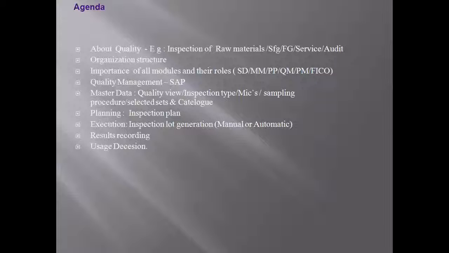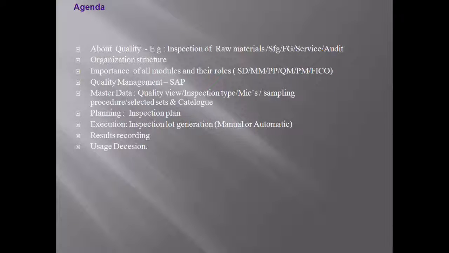So inspection can happen for raw materials which are incoming, SFG which are in process, FG which are finished goods, or it can also be done for services, or it can also be auditing any departments for proper maintenance of records.